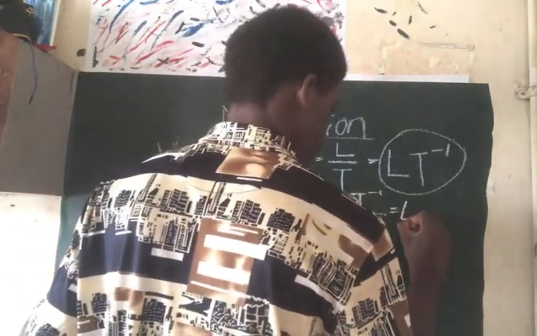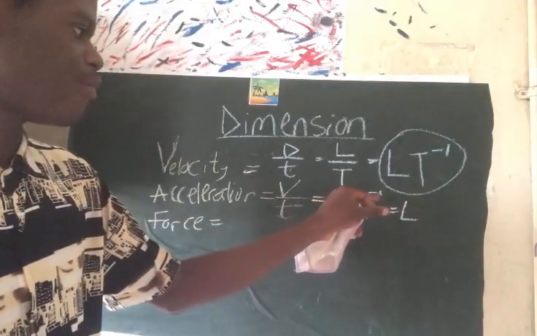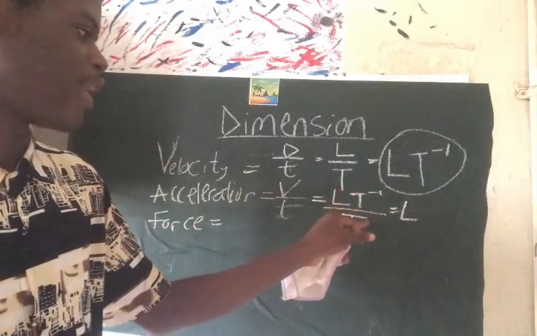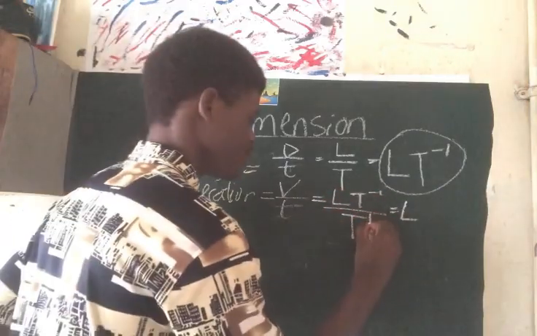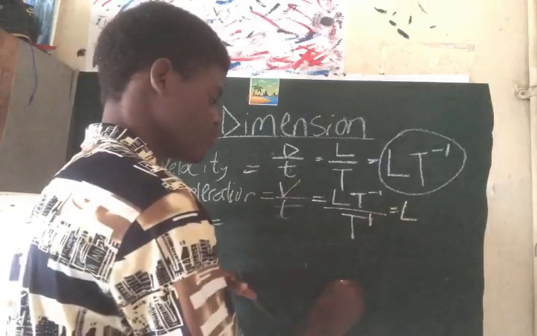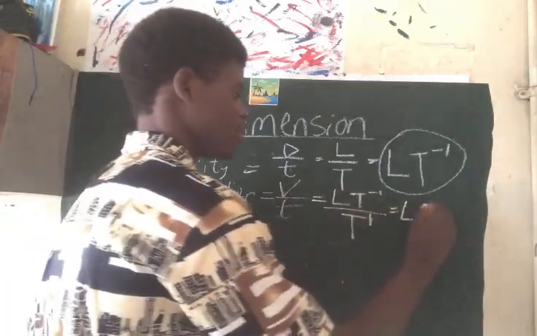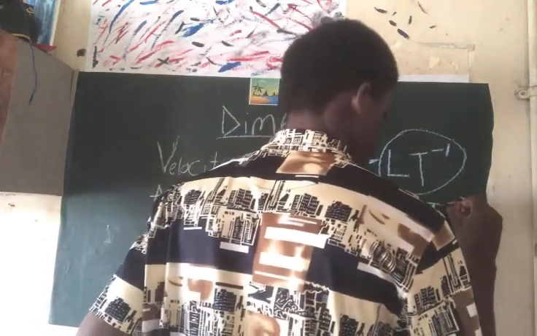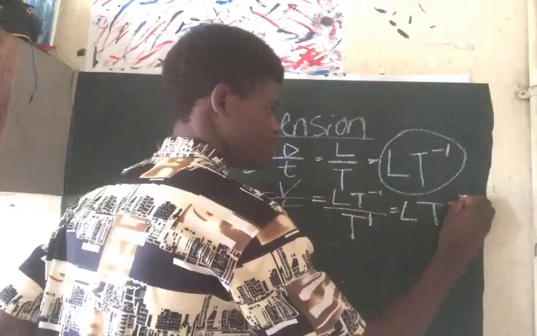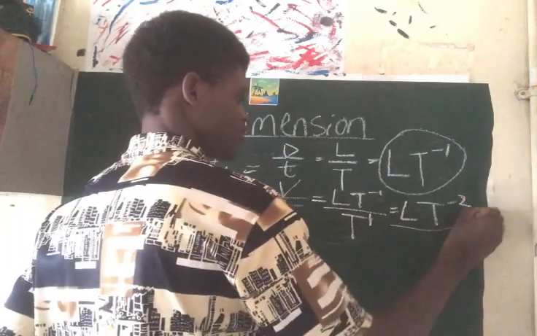That would be L in indices. Minus 1 divided by 1, that would be minus 1 minus 1, because the division is what is separating them. If multiplication, it needs to be plus; if division, it is minus. So minus 1 minus 1 would be L T raised to the power minus 2. So that's for acceleration. You need to know this one too offhand.